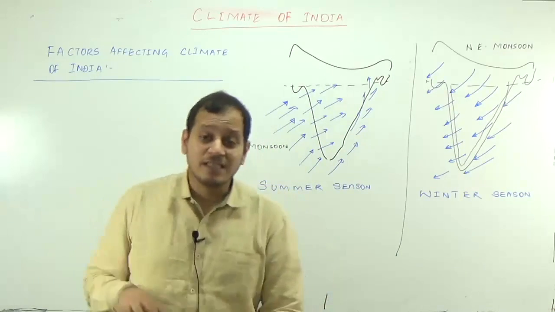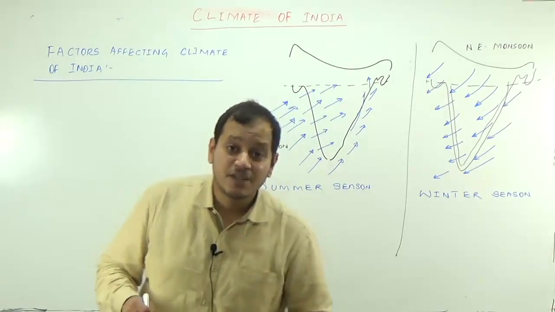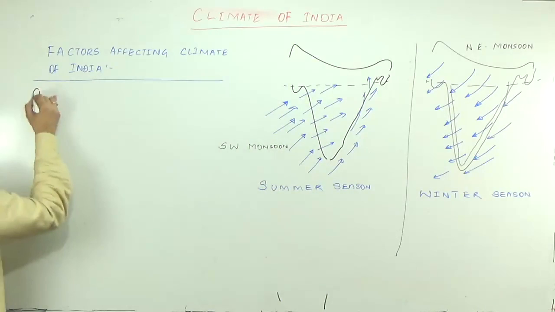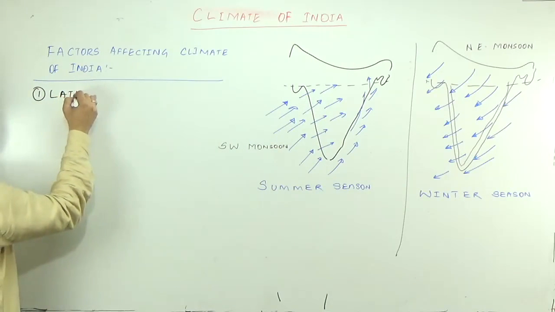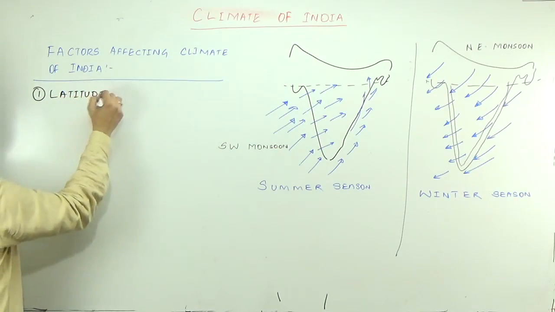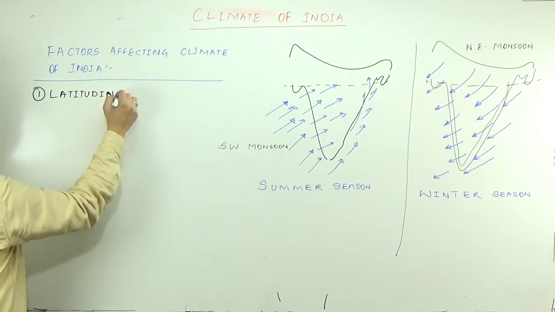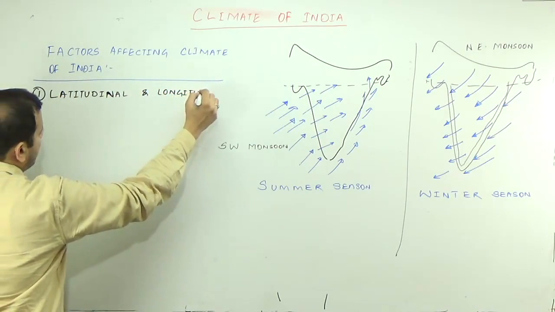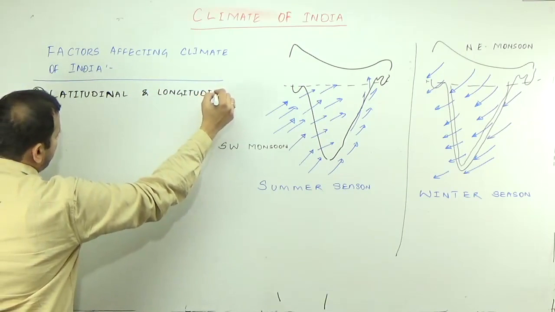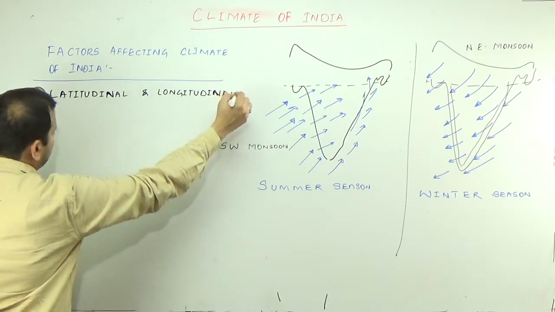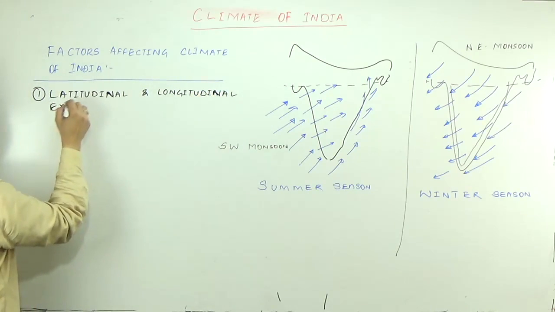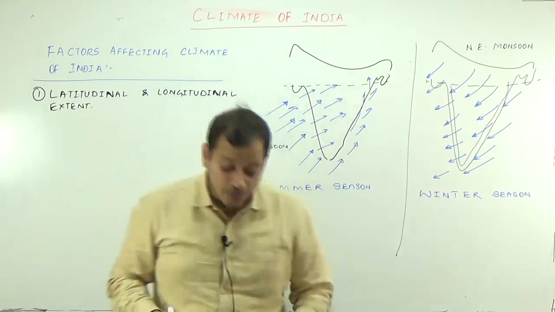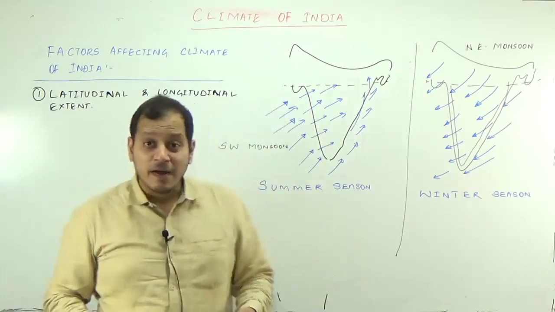So before we look into detail, we will see the factors which affect the climate of India. One of the major factors is the latitudinal and longitudinal extent. Latitudinal and longitudinal extent is one of the factors.